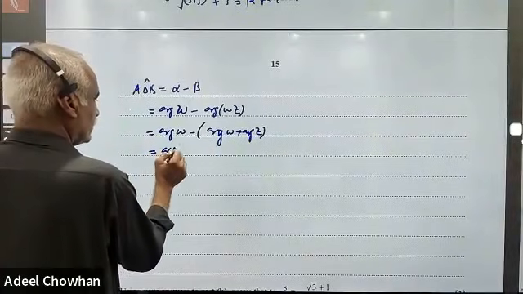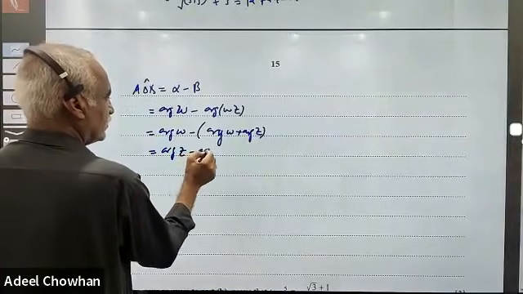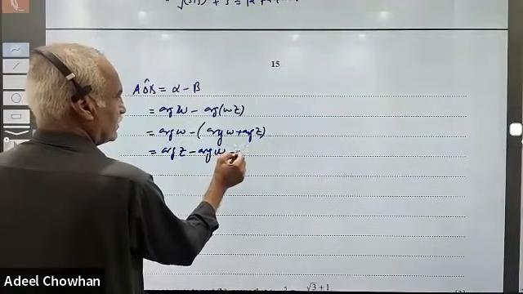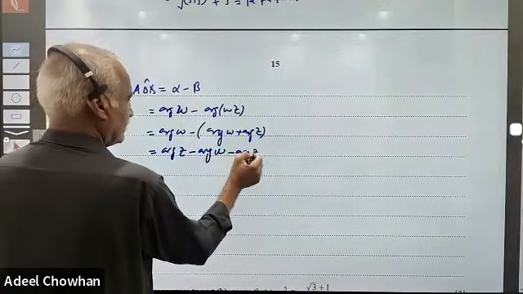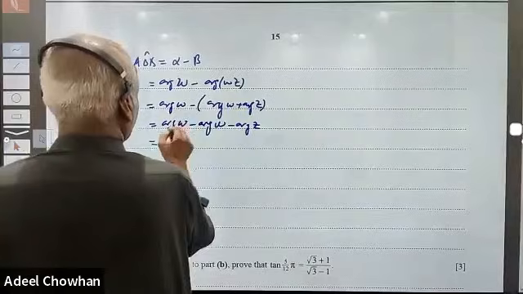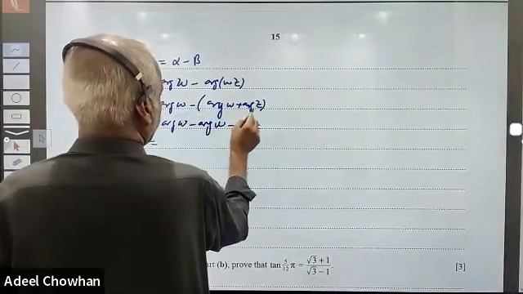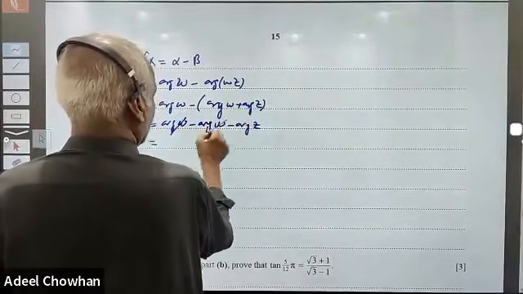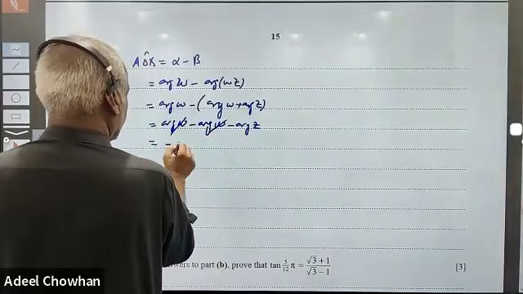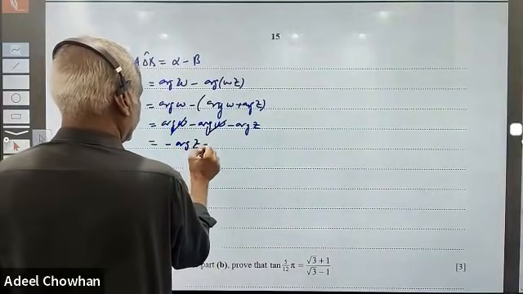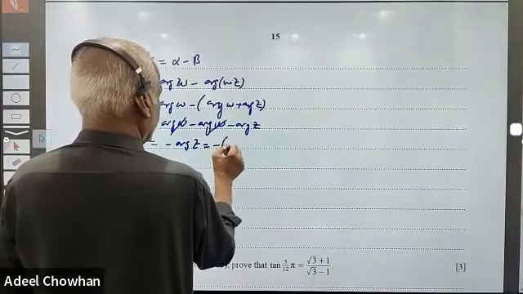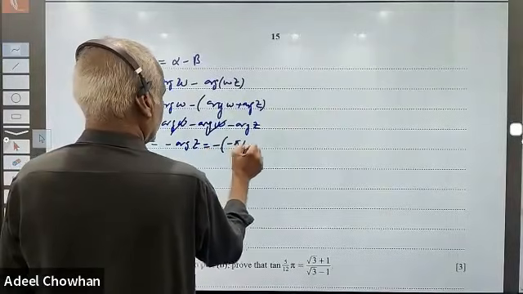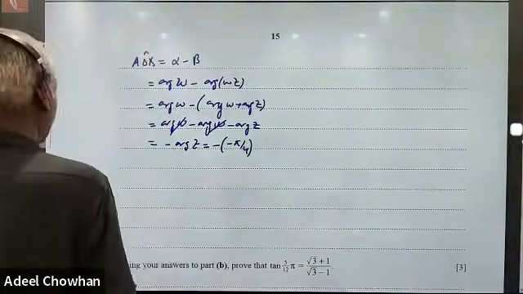So that is equal to argument of W minus argument of W minus argument of Z. So this and this, they are going to cancel out. So that is equal to minus argument of Z, which we have calculated to be equal to minus pi by 4.